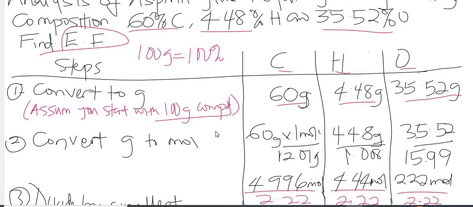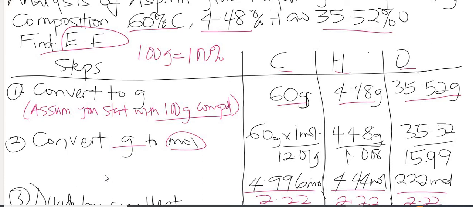The next thing we do is convert the grams to moles. We know for carbon, 1 mole of carbon is 12.01 grams. So we convert this to moles with 60 grams divided by 12.01.